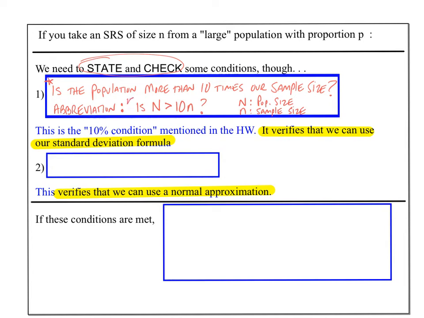Or you can state it using the abbreviation: is capital N greater than 10 times little n? This is what's called our 10% condition. The book likes to refer to it as the 10% condition. If this condition holds, it verifies that we can use our standard deviation formula.